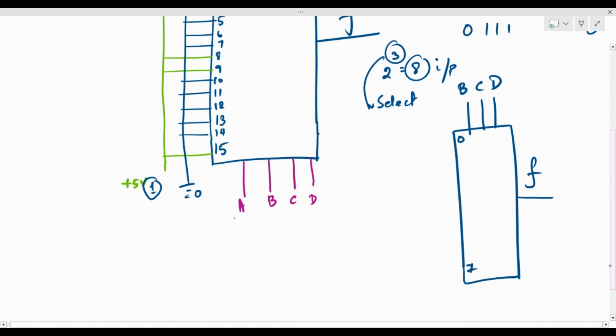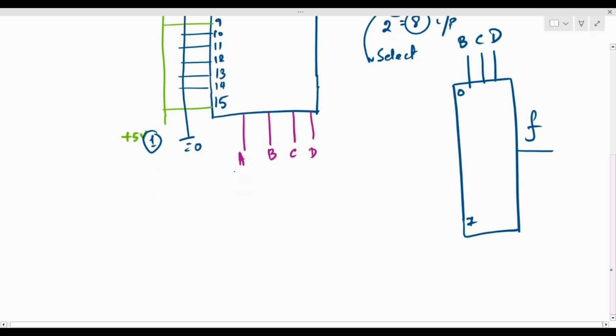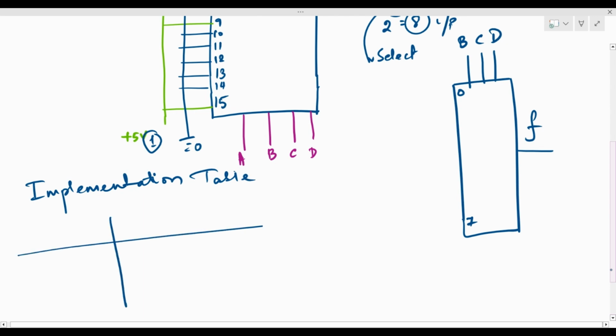So in order to find out what is the combination of ones and zeros of these inputs and whether at all A is involved, we need to go for something called the implementation table. In the implementation table, we are going to enlist all of the select lines, and for different combinations, say 000, 001, 010, 011, 100, 101, 110, and 111.